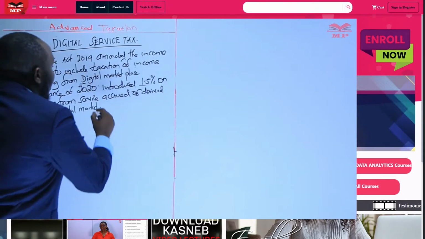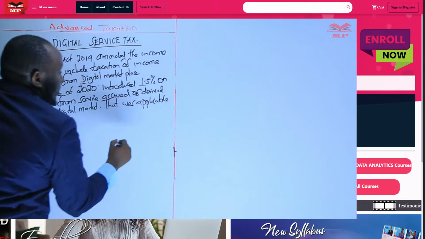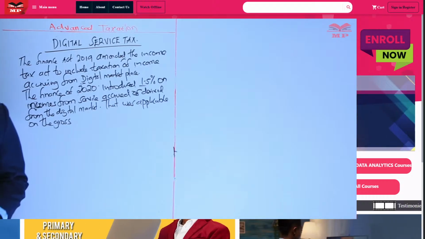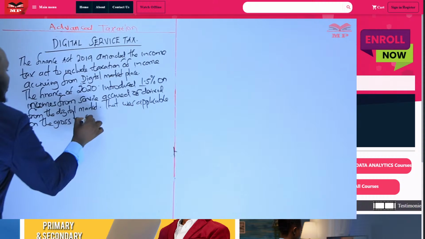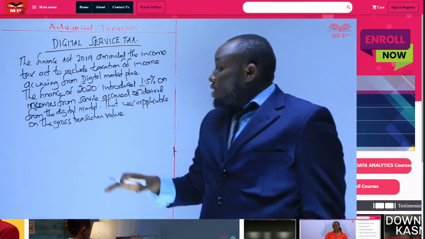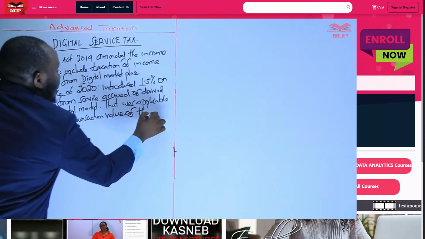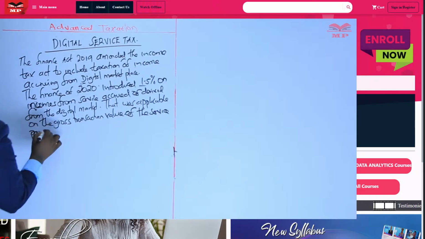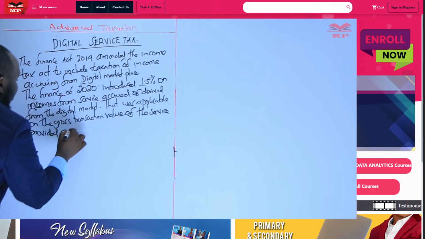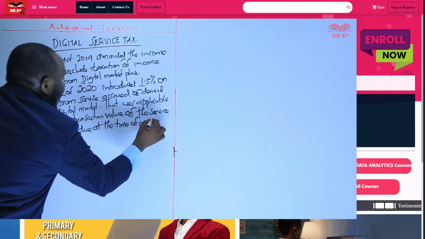The tax was applicable on the gross transaction value, that is the transaction value without deducting the expenditure, of the services provided and due at the time of payment.